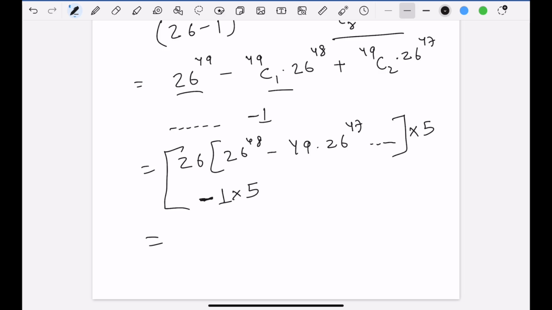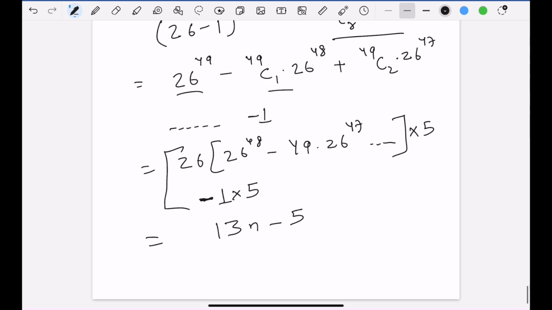So we have a number of the form 26n, or we can say a number of the form 13n minus 5, and we have to find the remainder when this number is divided by 13.